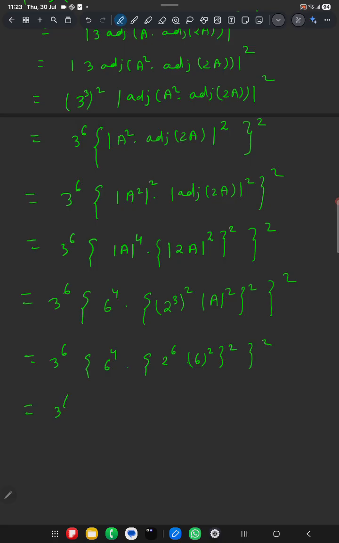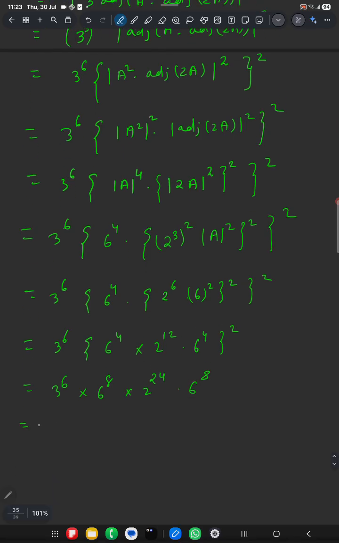Now you have solved 6 power 4 into 2 power 6 to the 12. 2 power 6 to the 12 into 6 power 2 to the 4, means 6 power 4, and this whole square. So 3 power 6 into 6 power 8 into 2 power 24 into 6 power 8.